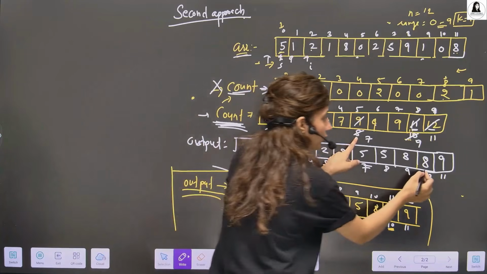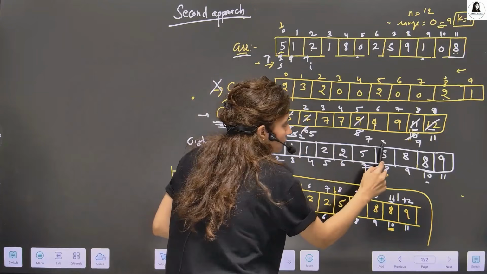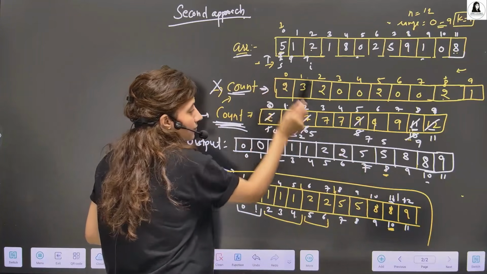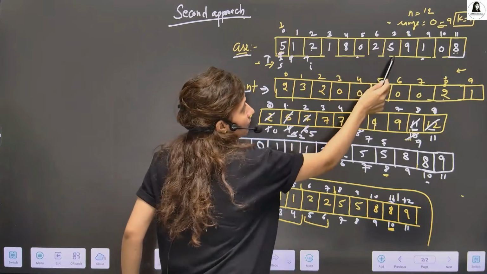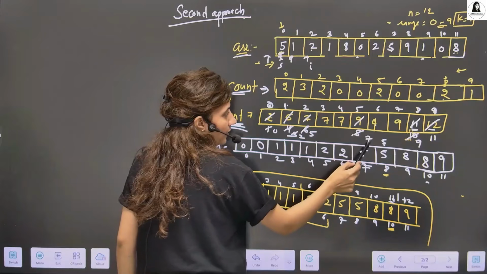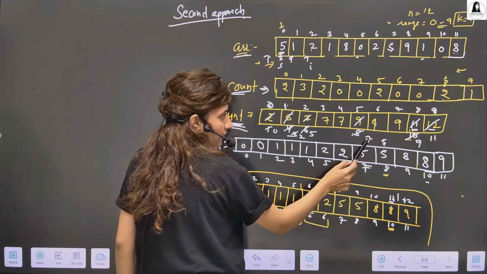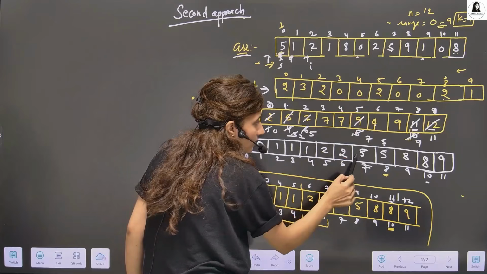At 8, we put this 5. And after that, once again we get 5, this 5. Again we go to the fifth index. It was 8. Decrement it, it becomes 7. At 7, we put this.